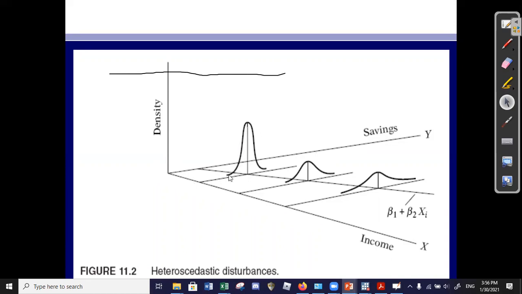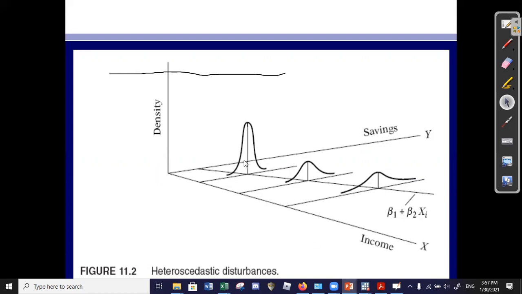So there would not be that much difference in their saving pattern. But as income increases, we know from our observation that at higher levels of income, you have more choices for the disposal of your income, which means you have more choice to save. So the variations in saving pattern also increases, right?